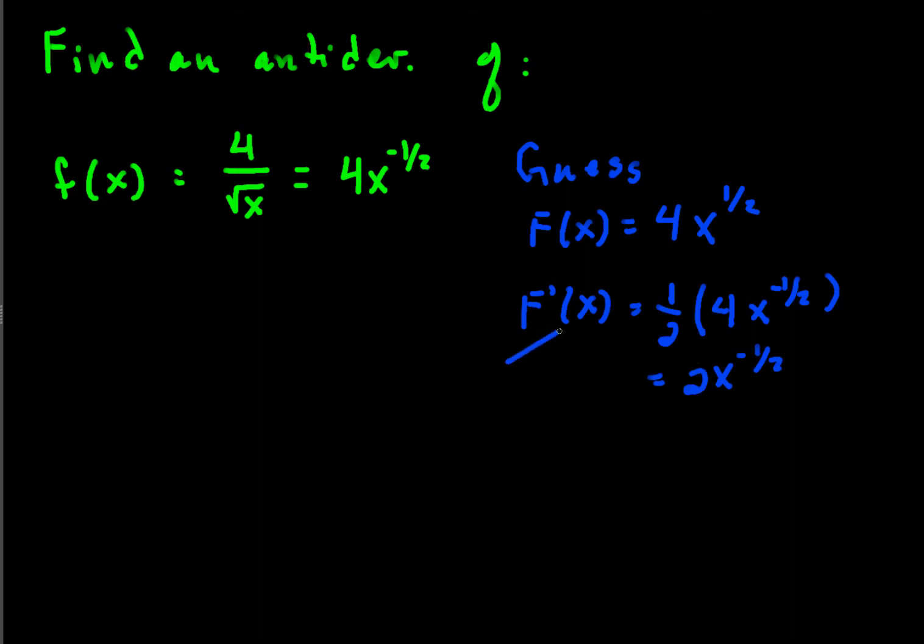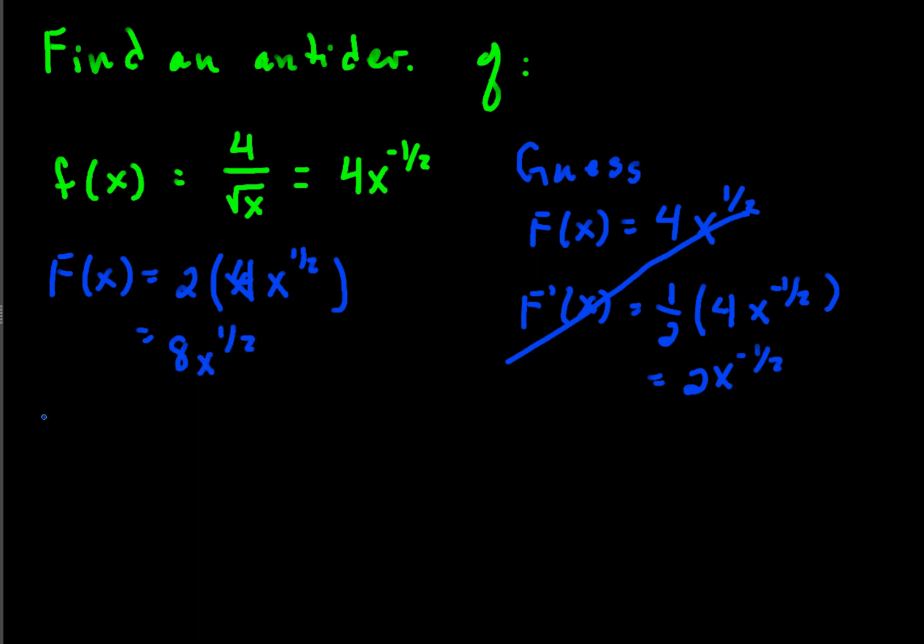So that was my guess. What I'm going to do now, instead of just keeping the 4, I'll multiply it by 2. Right? So let's try that. Let's say f of x is equal to 2 times 4x to the 1/2, which is 8x to the 1/2.